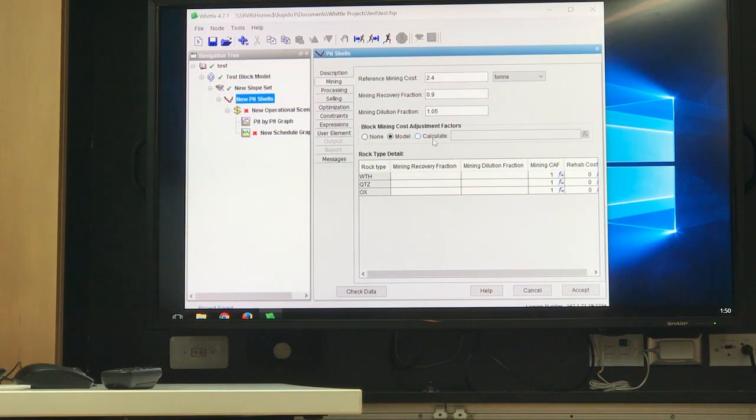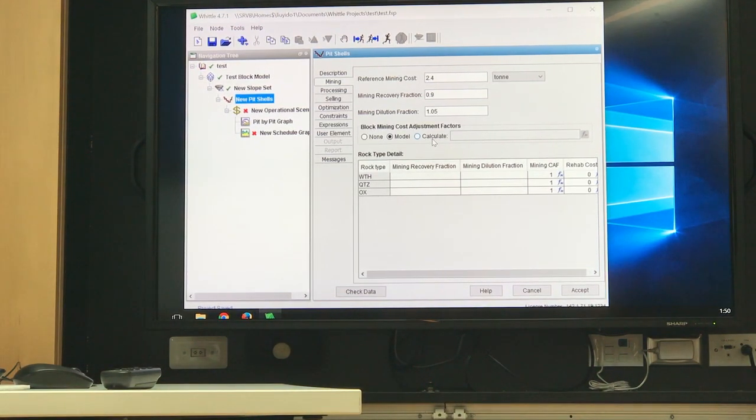Now, how can I adjust the cost in my block model to reflect this? There are possibilities that you could put it as a function here. You could calculate and put in the function.